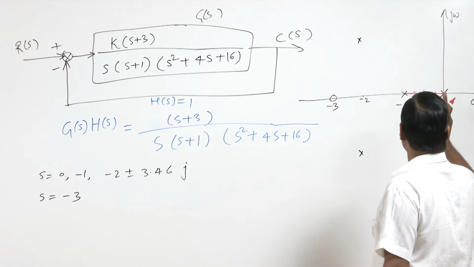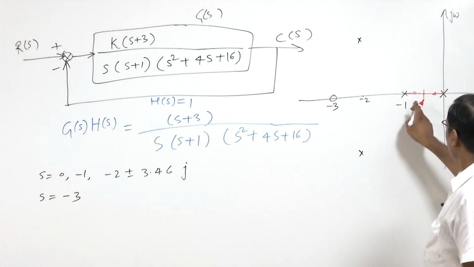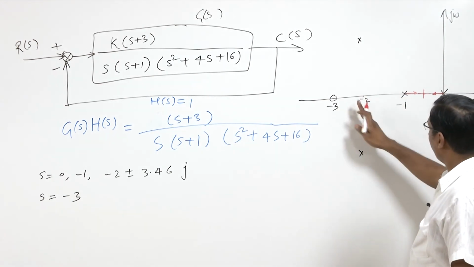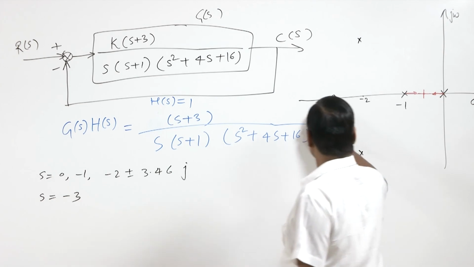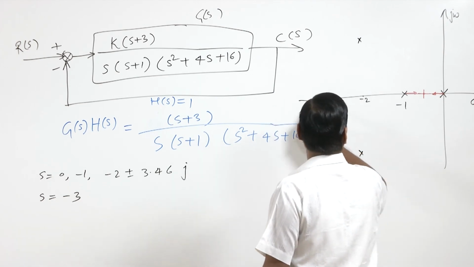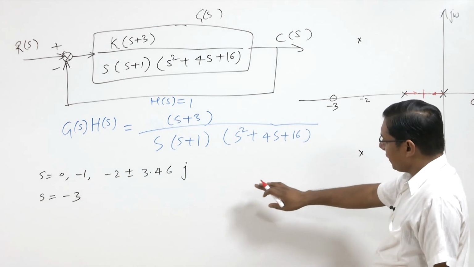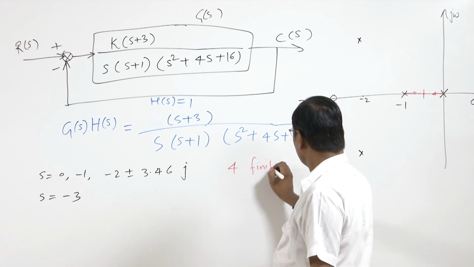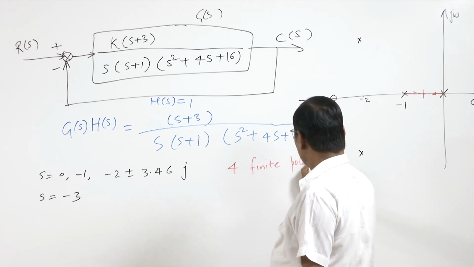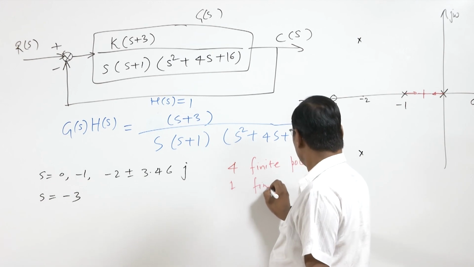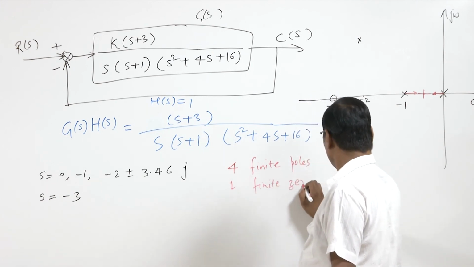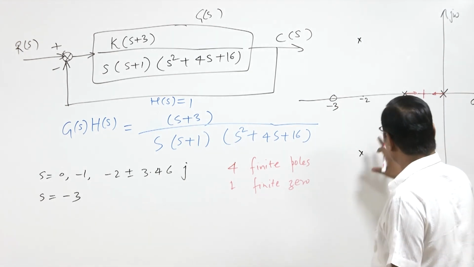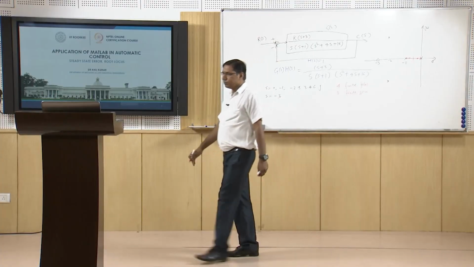It lies to the left of an odd number of poles and zeros. So we can see we have 4 finite poles and 1 finite zero. One locus will reach the zero at -3, but the other 3 will reach infinity.